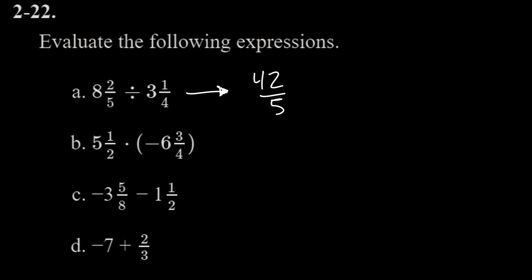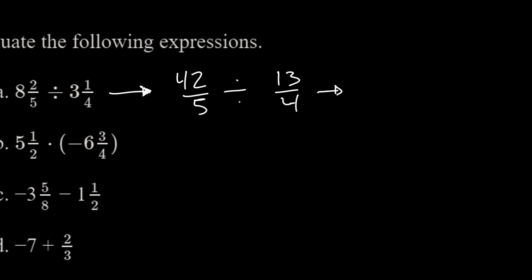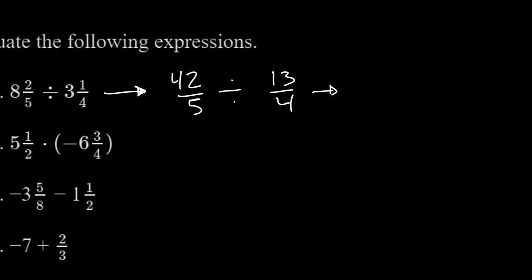And then I've got 3 times 4, which is 12, plus 1 is 13, so 13/4. So if I want to do division by 13/4, a shortcut is I can multiply by 4/13. So I'm going to change this into 42/5 multiplied by 4/13.